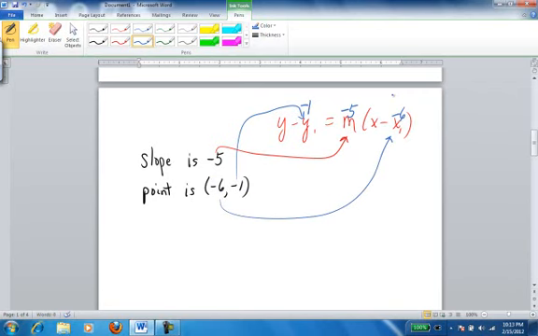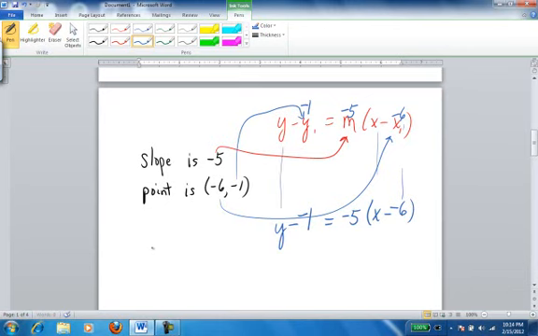Now we only substitute where the subscripts are. We never substitute for the value of y itself. So what happens when I finish this is I've got y minus -1 equals -5 times the quantity x minus -6. I basically have just brought this straight down here where you can see what I've written.